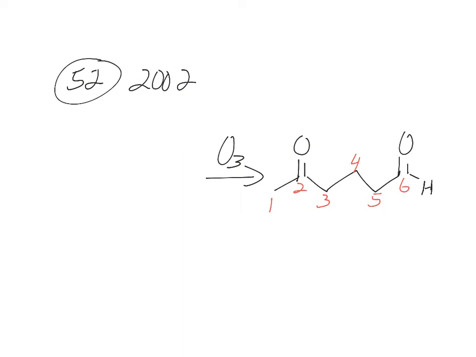So what you do is you attach them: carbon 2 and carbon 6 used to be bonded together, because that's where the alkene got clipped. So if I do that, let's make it ugly. 2, 6. 2 is bonded to 1, which is bonded to 3. 1, 3, 4, 5, 6.